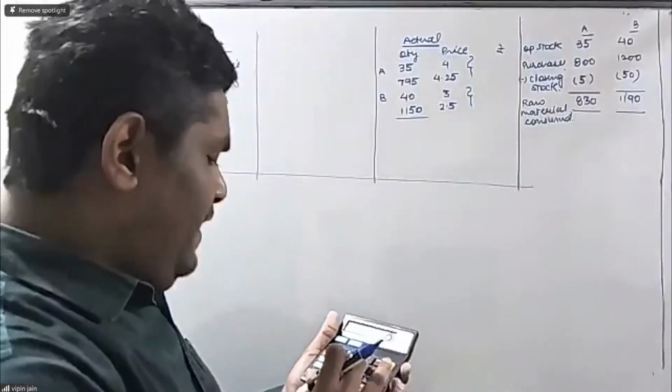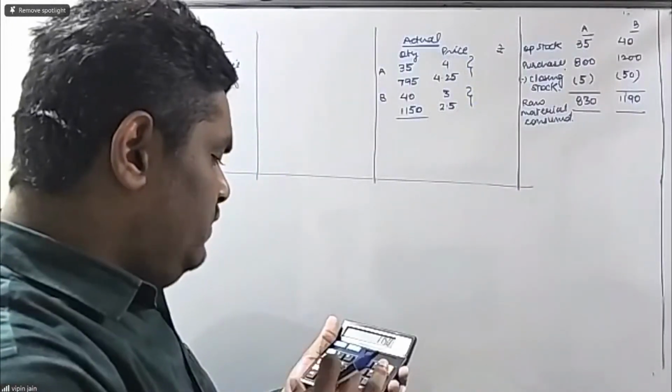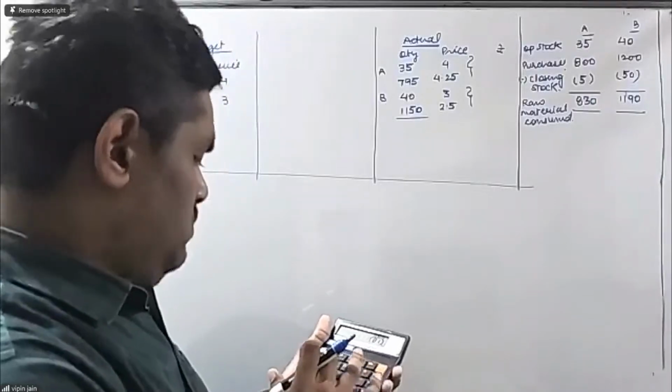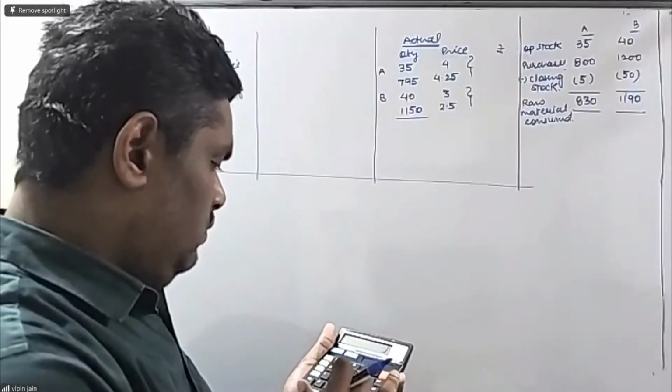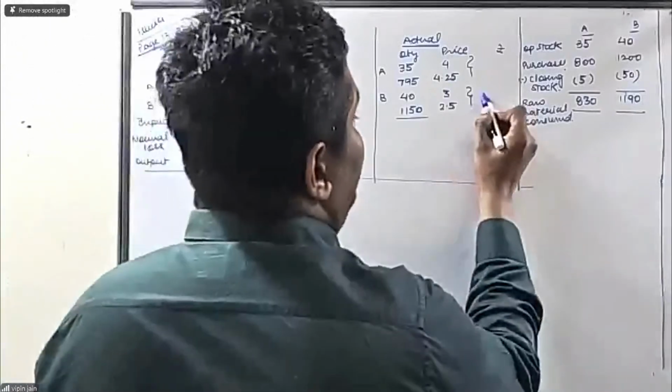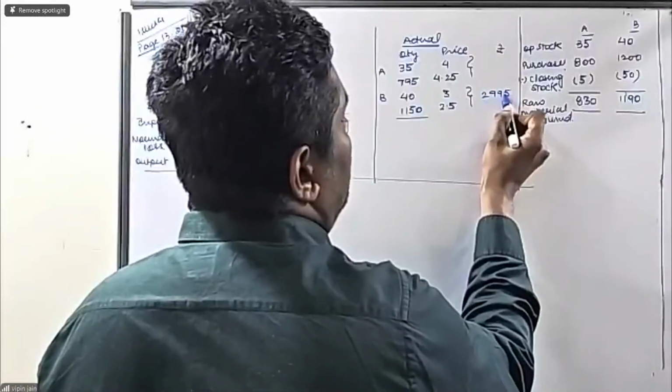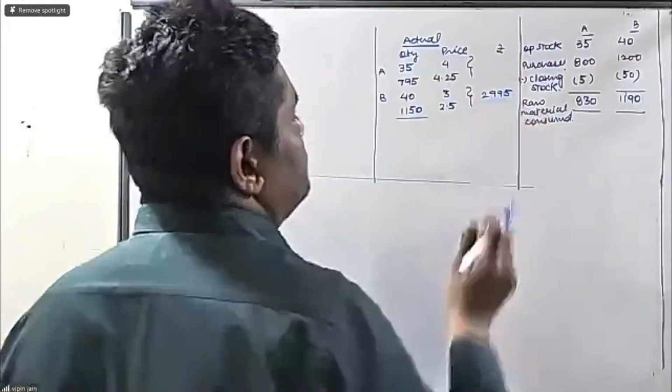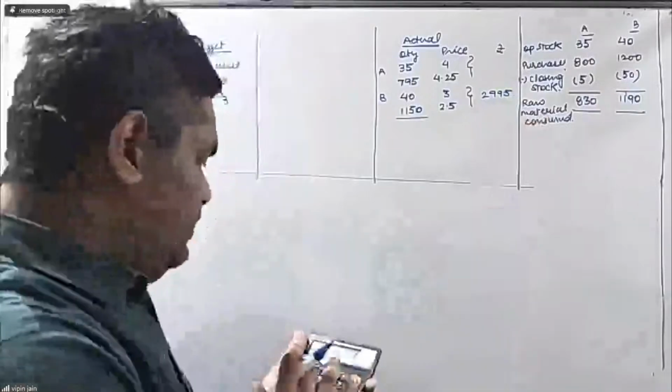So 2.5 into 1150. So this will be 2995. And this it is 5 into 4.